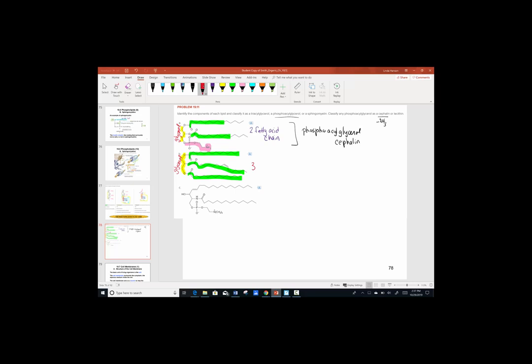All 3 are fatty acid chains. And I know that because their parents here are all carboxylic acids. The word acid, carboxylic acid, and the long carbon chain are fatty acids. So a glycerol with 3 fatty acids, we've learned, is called a triacylglycerol.